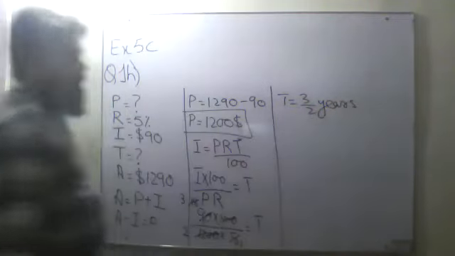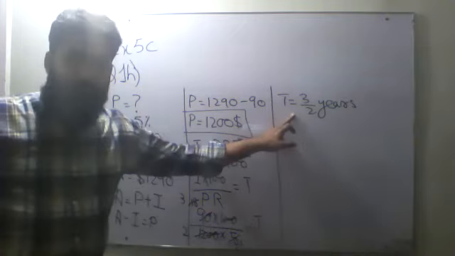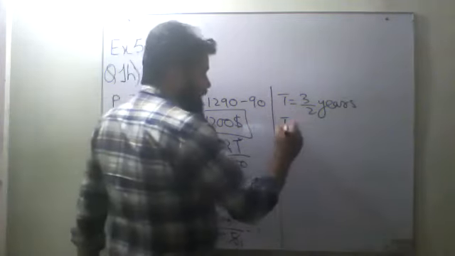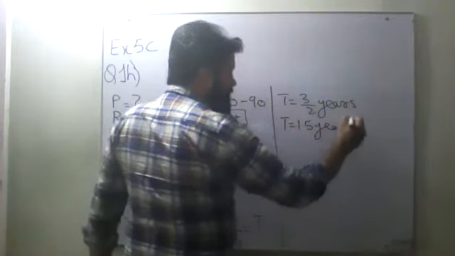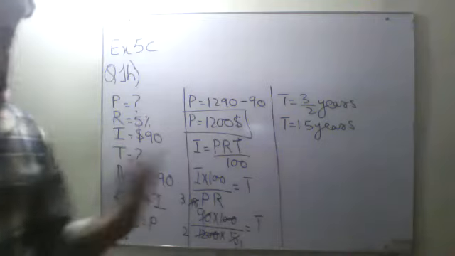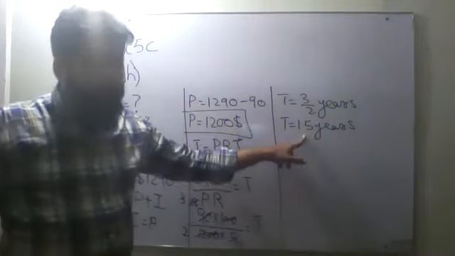Okay. When the interest rate is given per annum, whatever time I am going to get will be in years. 3 over 2 years means 1.5 years. Okay. And I can shift it in terms of months also. For that I have to multiply it by 12.